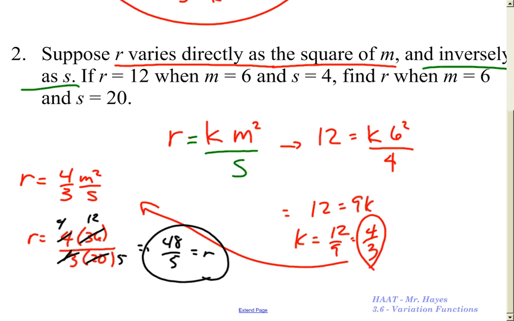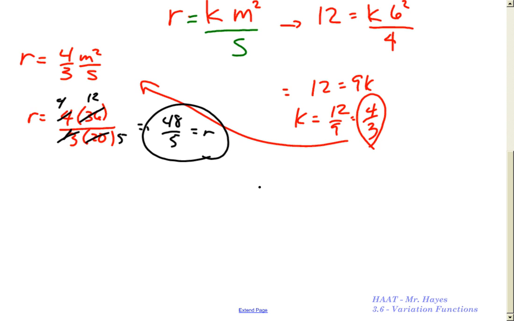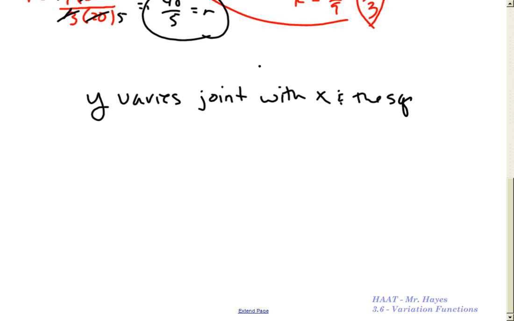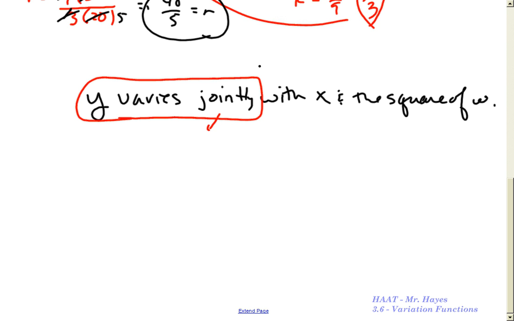Ta-da! Now the only other piece that I just realized I don't have an example of, which I'll do right now, is one where we'll see, and I'm just going to set this one up. Let's say Y varies jointly with X and the square of W. When it says jointly, this is basically jointly, like together.